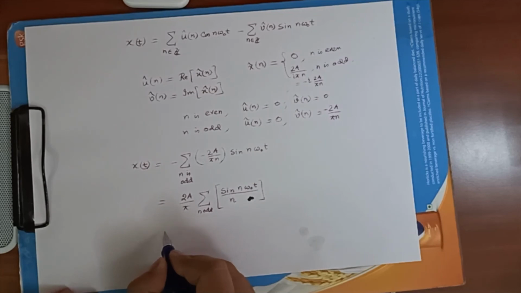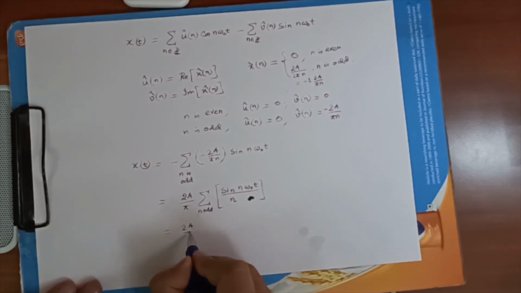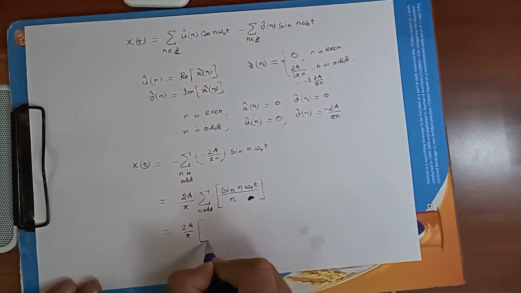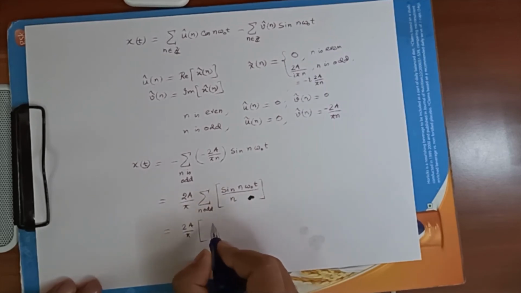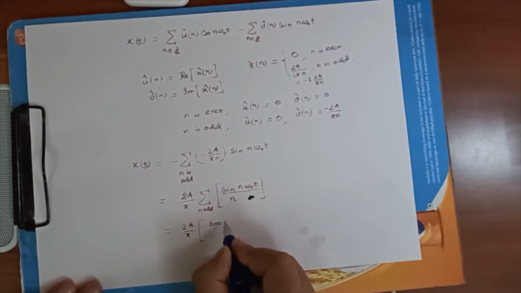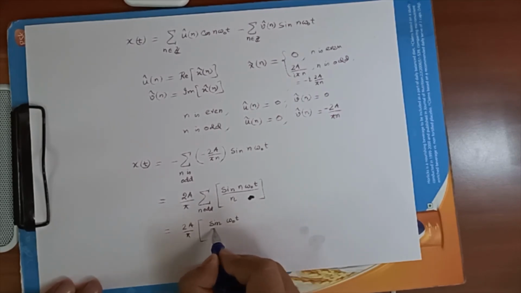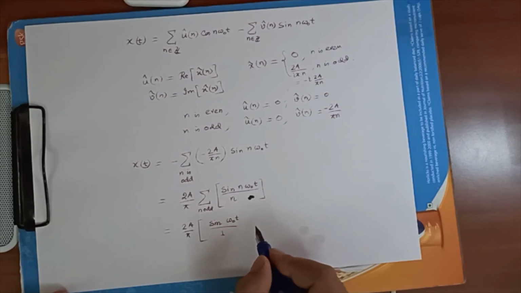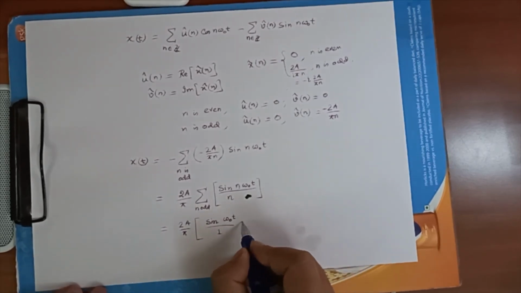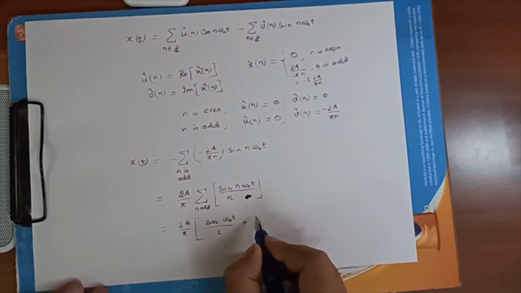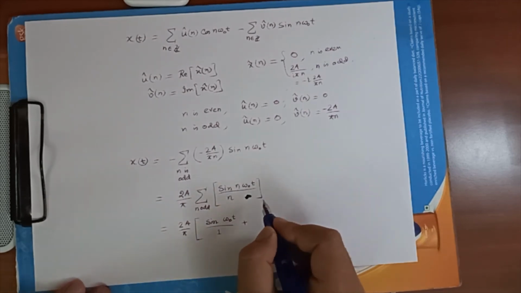I can expand it like this: 2a by pi, n is equal to say 1, sine omega 0 t by 1, and there is another thing.